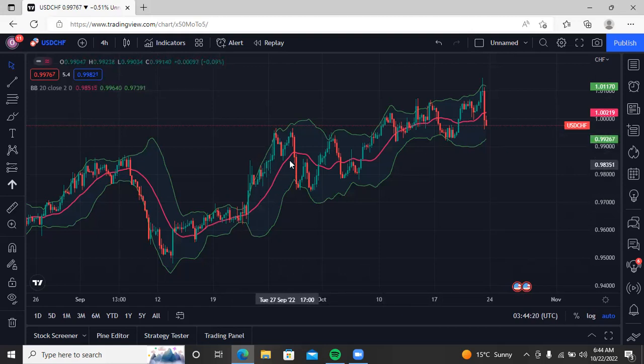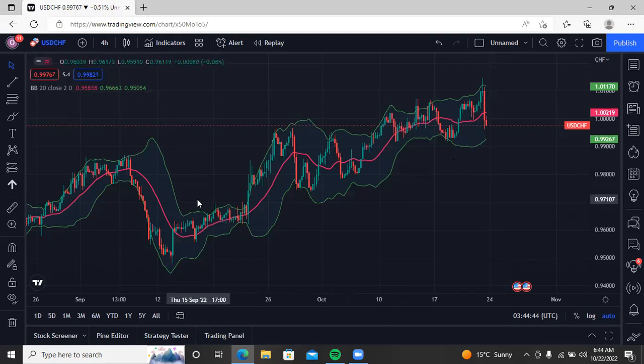Then you have this middle band, which I call the magnetic field. Others, I don't know how they call it, but for me this middle moving average, which is part of the Bollinger Band, is the magnetic field. And the outer bands are also magnetic fields for me.